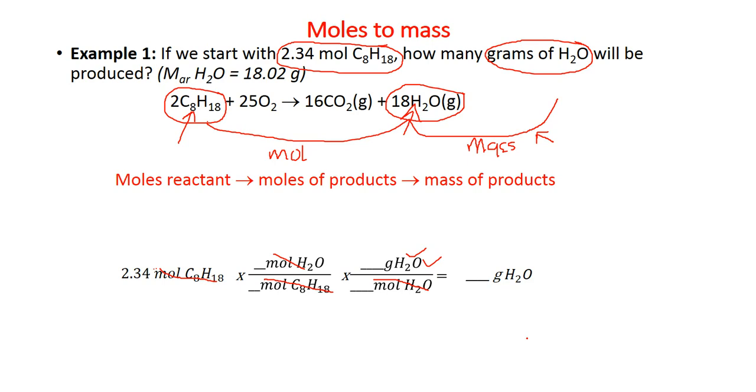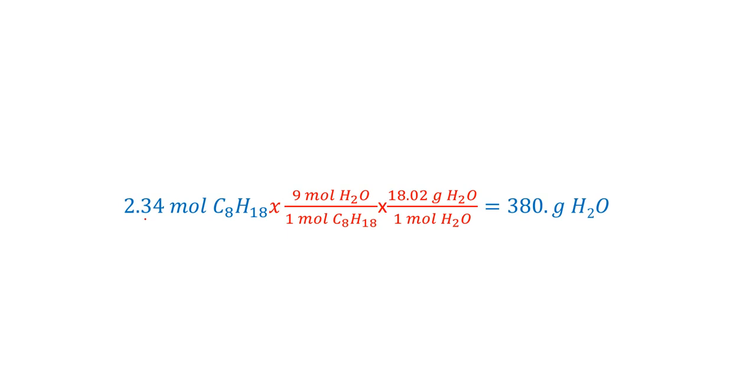So in terms of the solution, we see that 2.34 mole of this times 1 mole of this times 9 mole of water divided by 1 mole of octane, because the moles of octane are going to cancel, and then the moles of water also are going to cancel. 18.02 grams per mole, that is the molar mass of water.